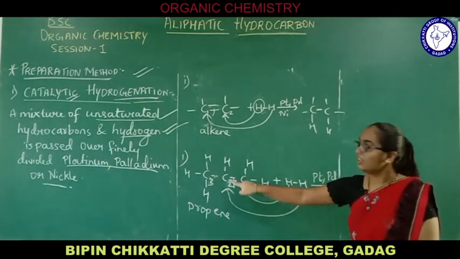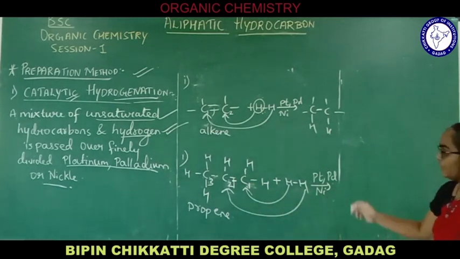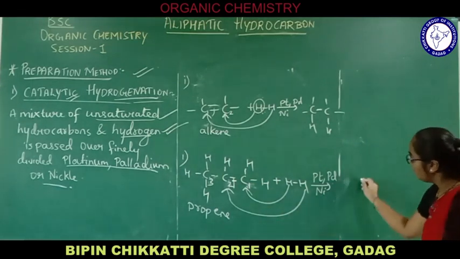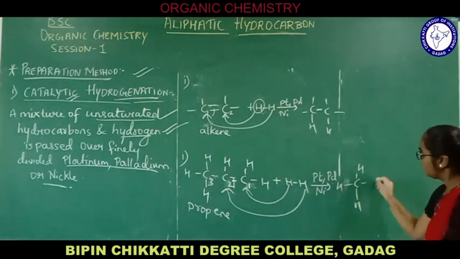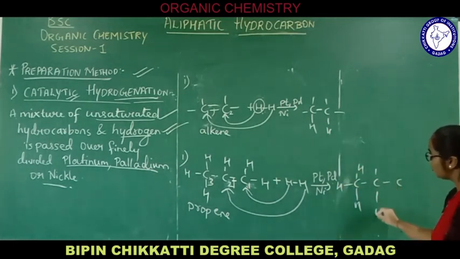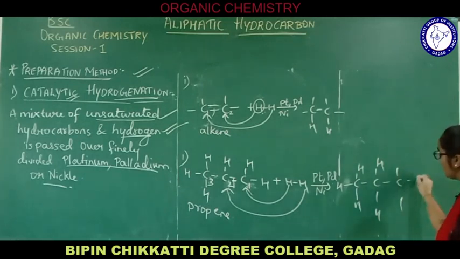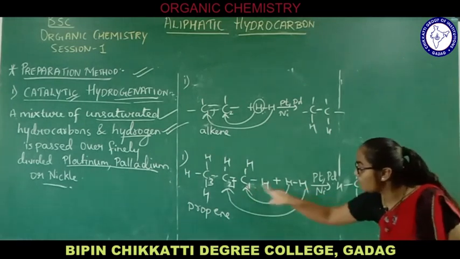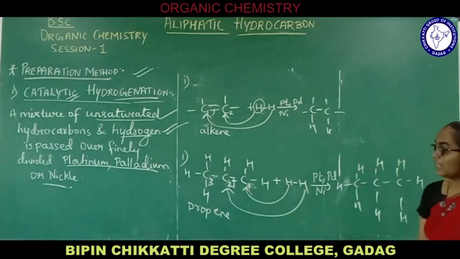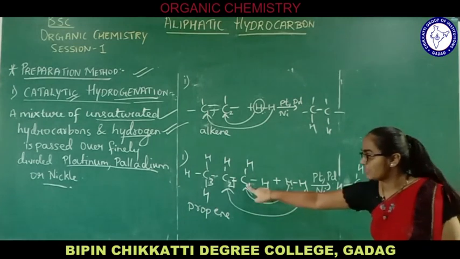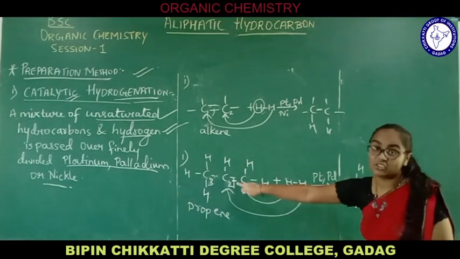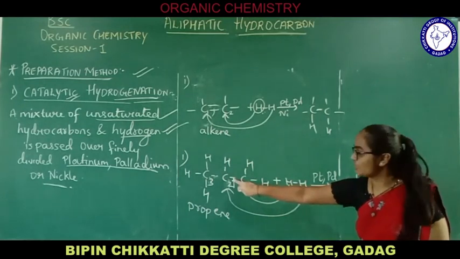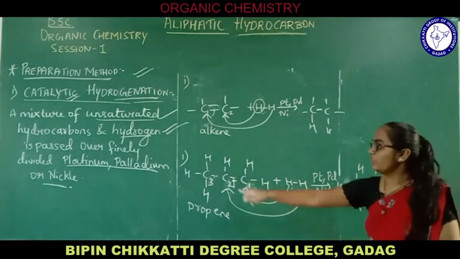So it will be CH3, then CH2, and this will also be CH3. Why this form? Because the 2 hydrogen atoms have approached the individual carbon atoms. The first hydrogen goes towards the first carbon, the second hydrogen towards the second carbon. Thereby it brings about the reduction of the bond: the bond breaks and the hydrogens get attached there.